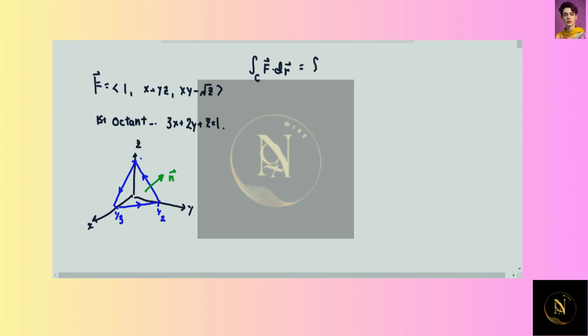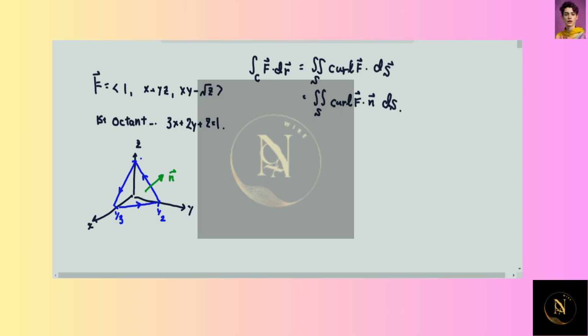So it is going to be the double integral through the surface S, where S is this triangular region, of curl F dot dS. And as usual, instead of just doing dS, we can do curl F times the normal vector dS. Okay.